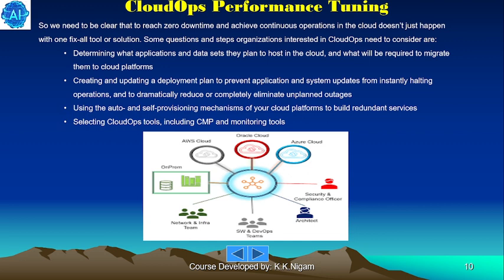Creating and updating a deployment plan to prevent applications and system updates from halting operations, and to dramatically reduce or completely eliminate unplanned outages.